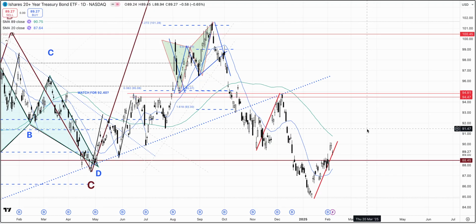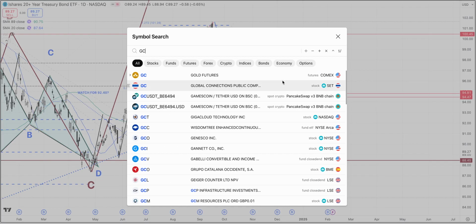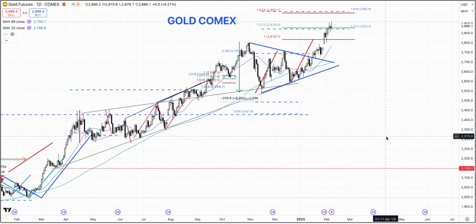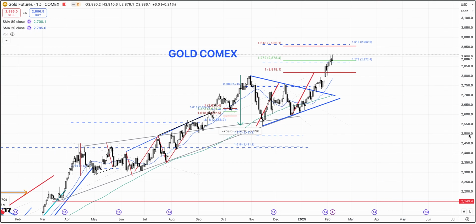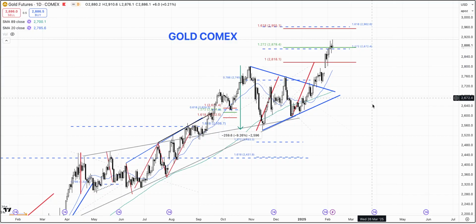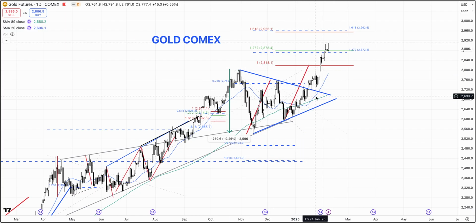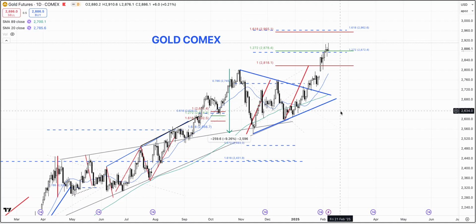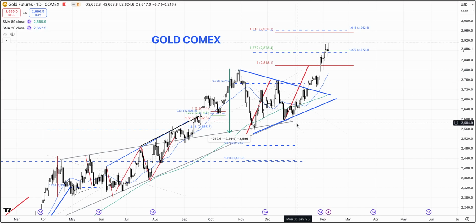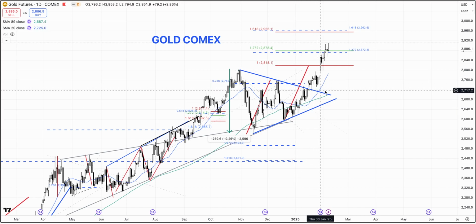Now let's take a very quick look at the metals. So we'll take a look at the gold market. This is the futures chart. This is COMEX gold. And what gold has done is it broke out of this dynamite triangle. One of the things about these triangle patterns, which I like to call dynamite triangles, is that when they break out on the downside or on the upside, it's a pretty explosive move, and this is what we saw in this case.